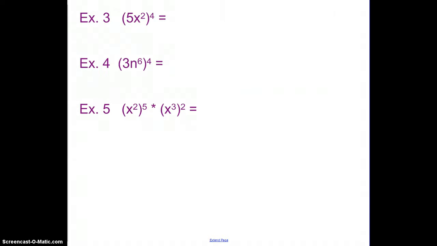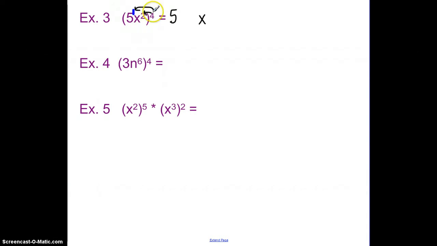Now the other sort of problem that we see is when we have multiple things inside of these. First of all, on number 3, there's no exponent for the 5, so I'm going to add an exponent of 1. Now I do need to remember in this case that this 4 is going to influence not only the 1, but the 2 here. So my bases are 5 and x, and I'm going to have to multiply both of the exponents inside of here by 4.